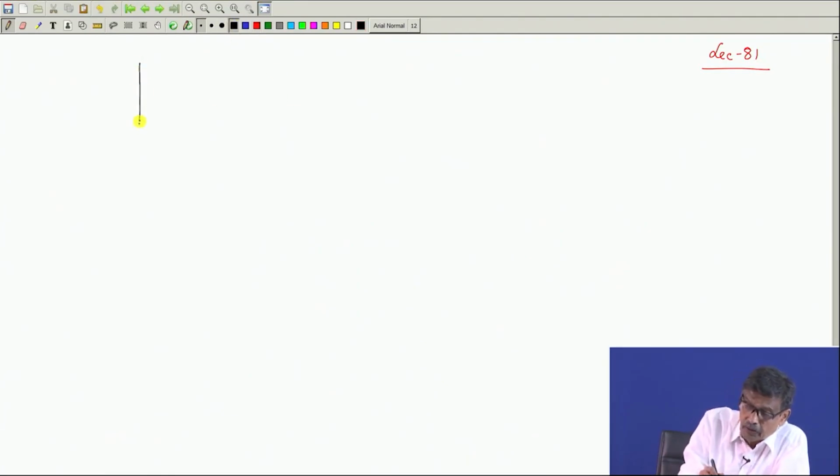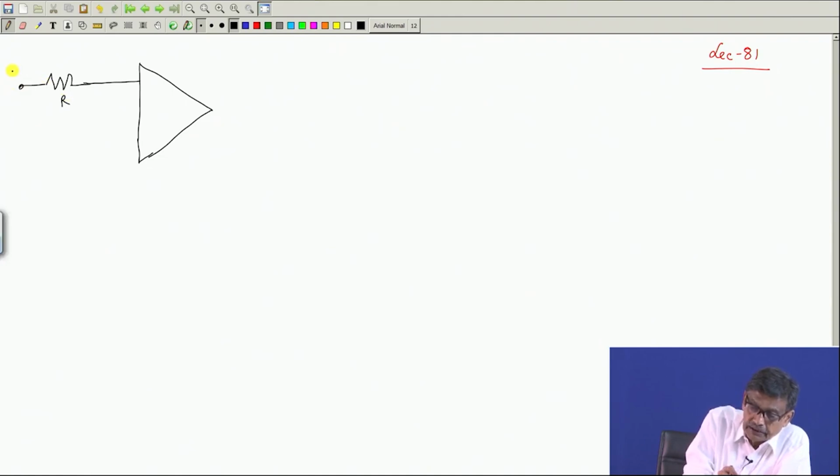suppose you have an ideal op amp, and you connect a resistance R here, this is your input signal V1.